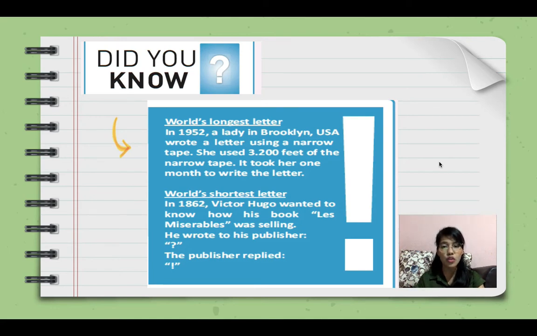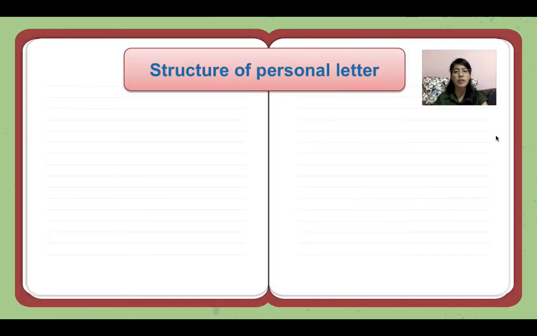And the world's shortest letter: in 1862, Victor Hugo wanted to know how his book, Les Miserables, was selling. He wrote to his publisher. The publisher replied. So yeah, you have to know that. It's really important, okay?